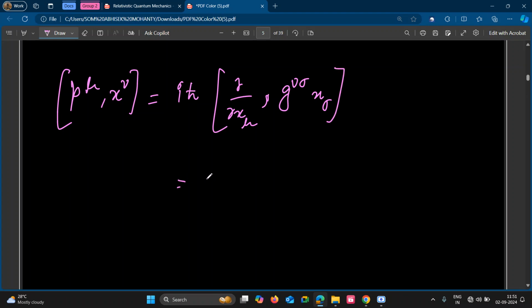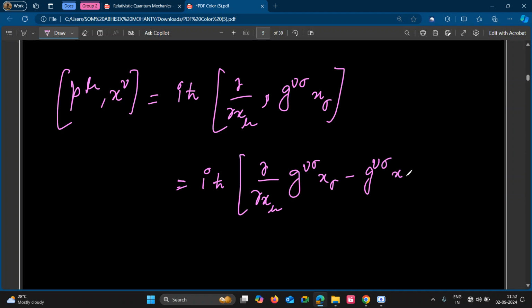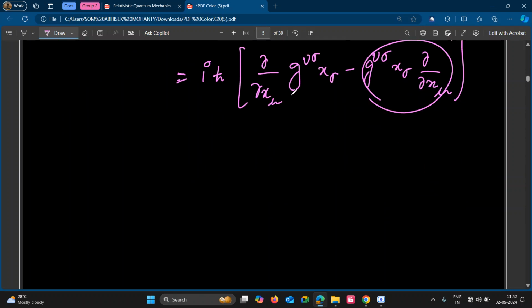Yeah, that's it. So i h cut, if I take the derivative, del x mu, and this is actually constant, so it doesn't matter. Minus g mu nu x. So this term will be vanishing, so only this term will remain.